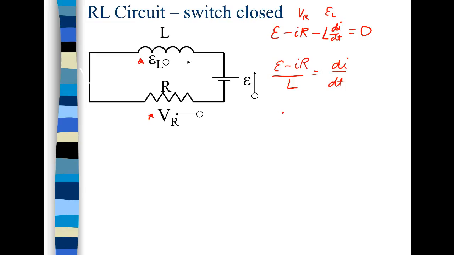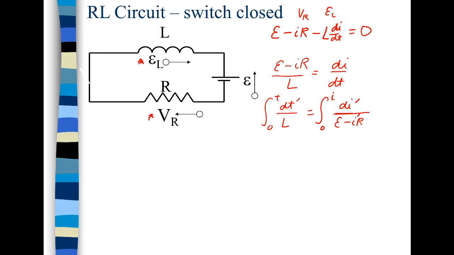So we would have, for example, dt over L is equal to di over E minus IR. And we would integrate that from 0 to t, and make it t prime to make math people happy. And then the current would actually go from 0 to a later value I. So that's di prime and I prime.